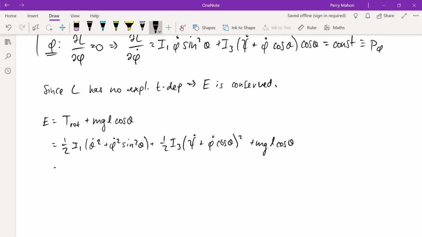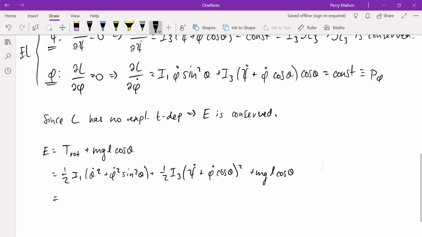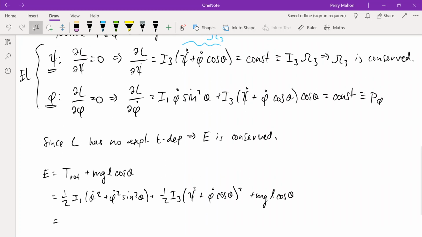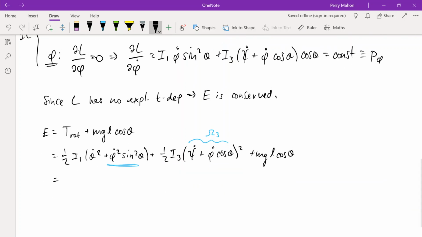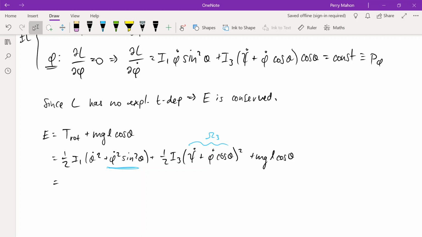Right, so what we do now is we write this term here in terms of the p phi and cos theta, and we notice that this here is actually omega 3.